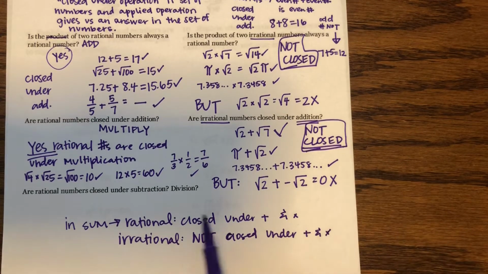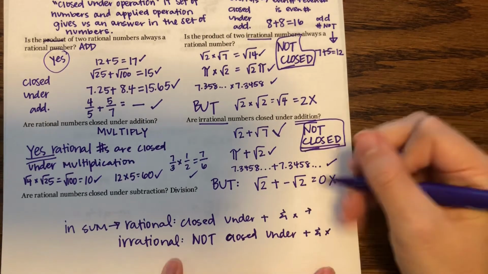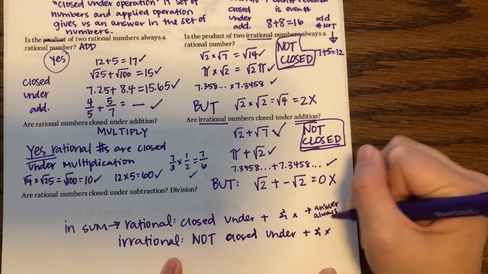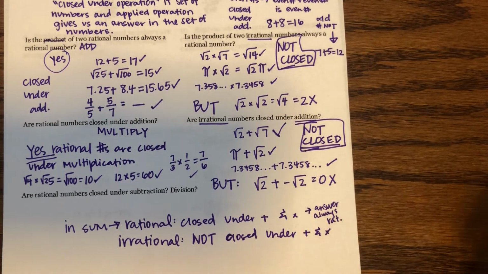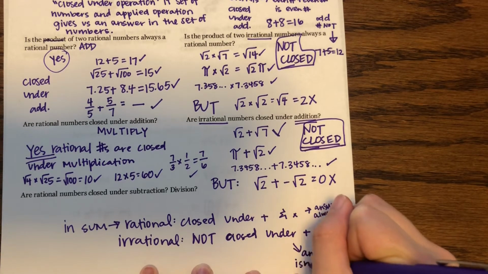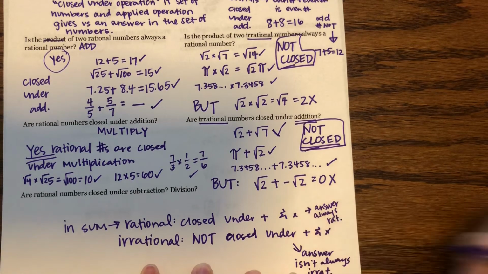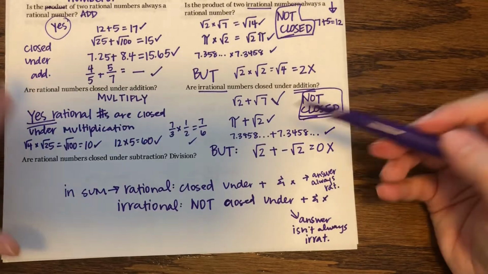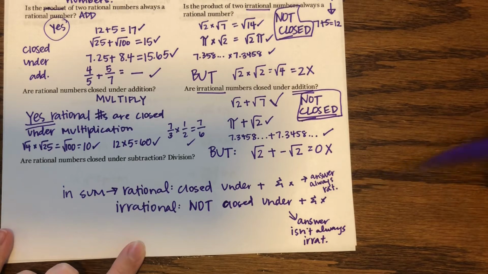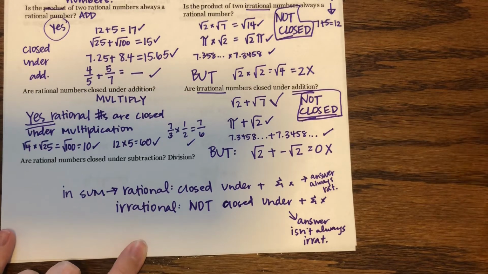Okay, so basically with rational numbers, we're always going to get a rational number. But with irrational, our answer isn't always irrational. Okay, so basically that's what it's saying with closed under addition and multiplication. For rational numbers, we always get a rational number as our answer. If it's not closed, we don't always get an irrational number.